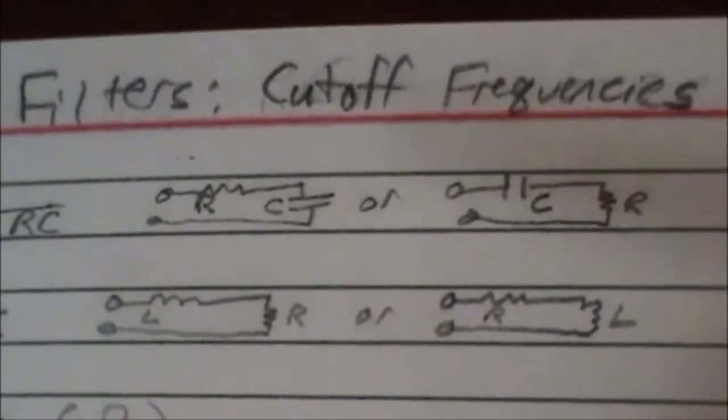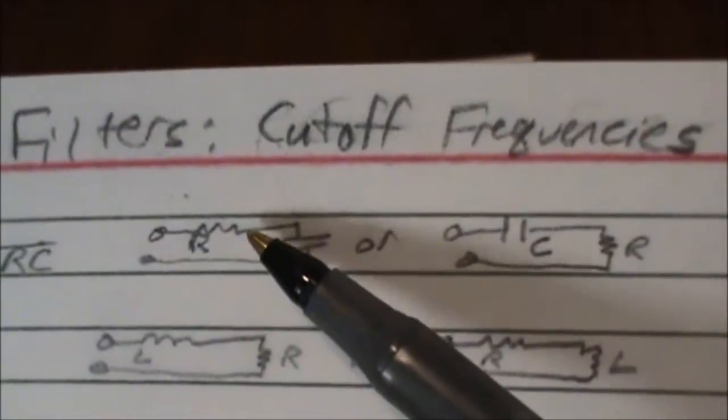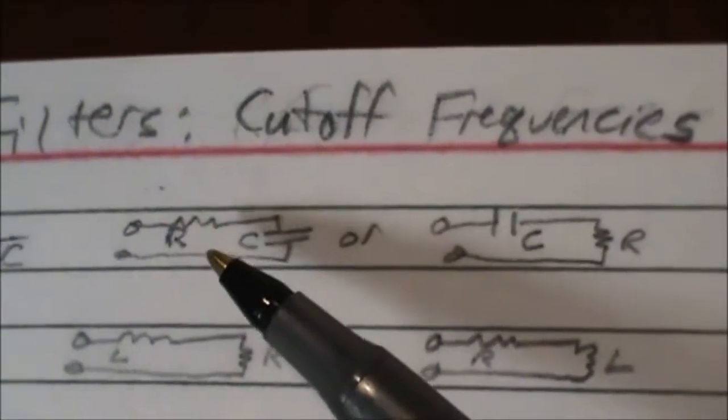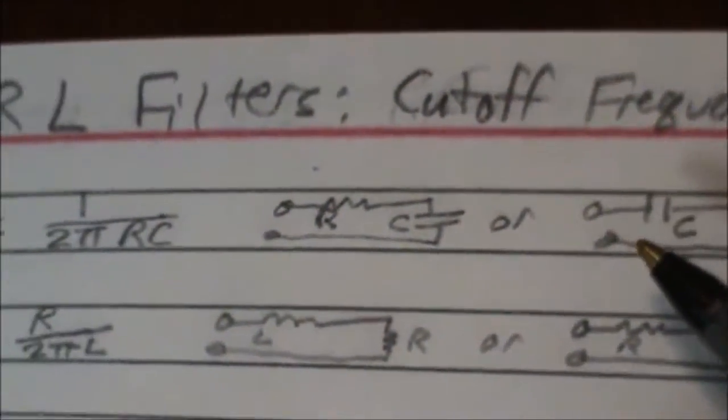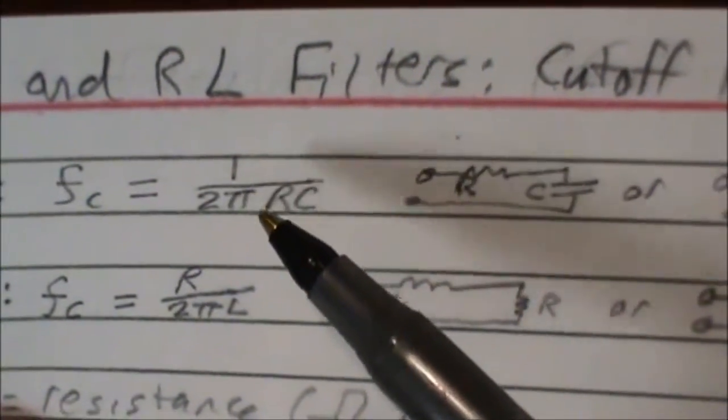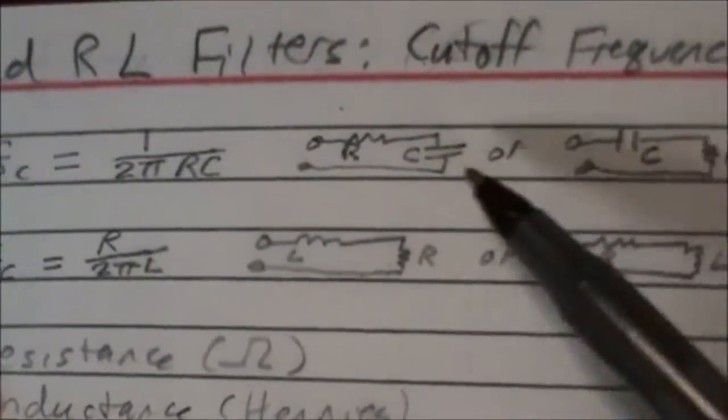Likewise, here we have a low pass, and here we have a high pass filter. Low frequencies pass through, high frequencies pass through, according to the frequency determined by this formula for both circuits.